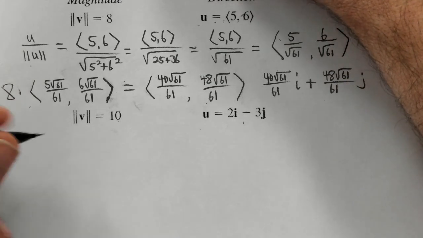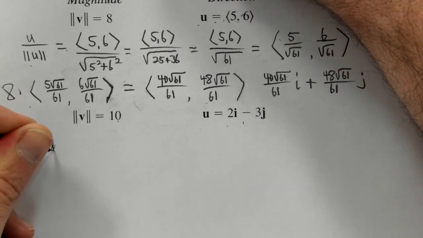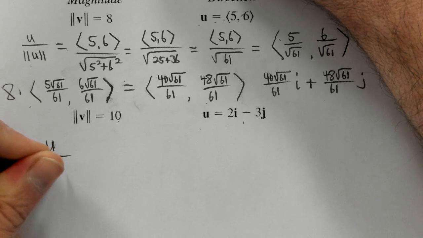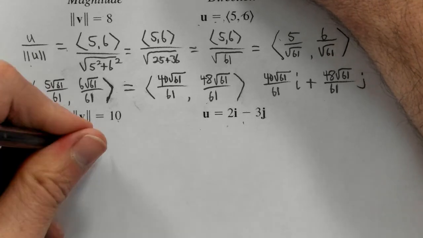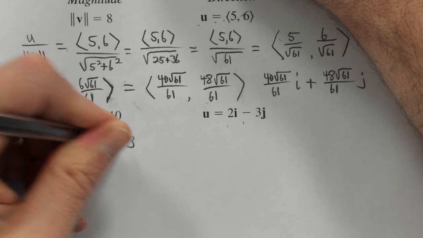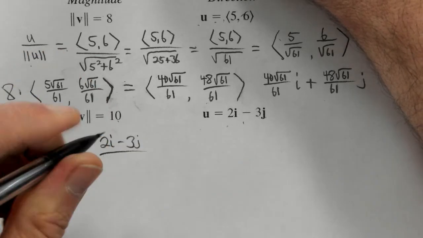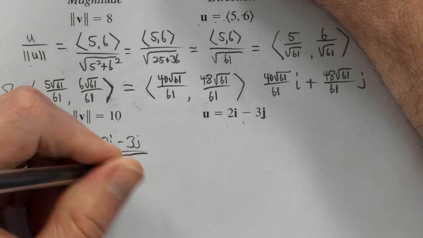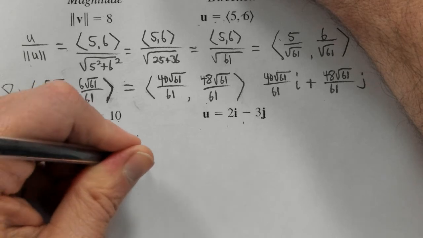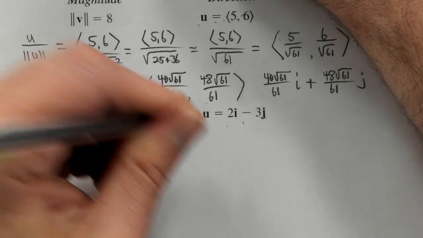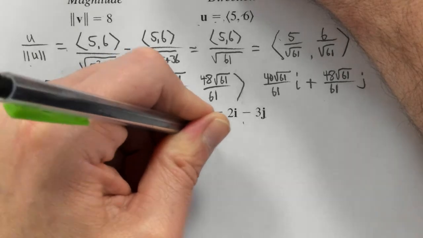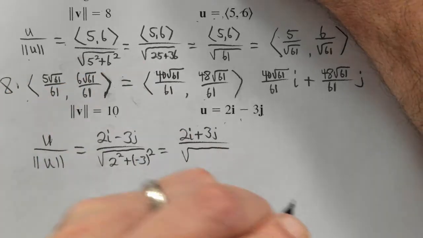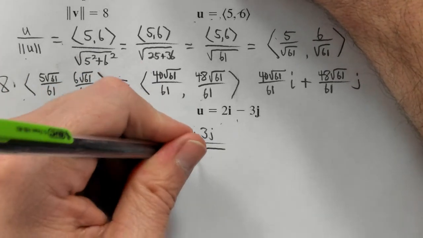It'll be u over the magnitude of u, which is now 2i minus 3j over the square root of 2 squared plus negative 3 squared, which is over the square root of 4 plus 9.